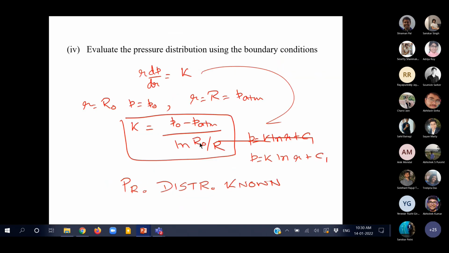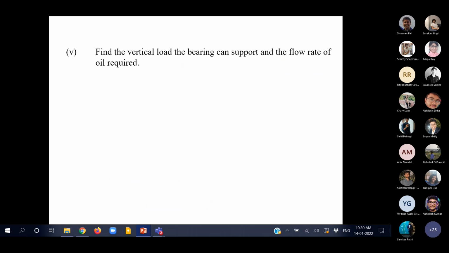And it would be apparent to you why this VR is important. K, the constant which I have evaluated over here as mu, and then I would be able to integrate it twice to obtain what is VR.